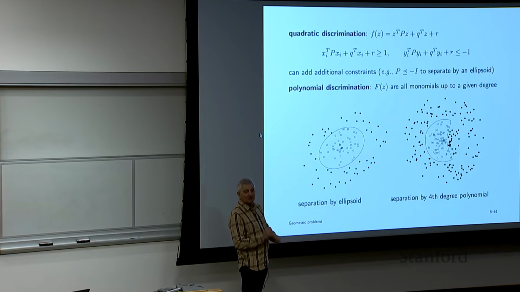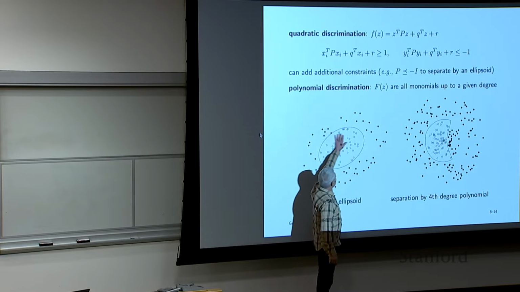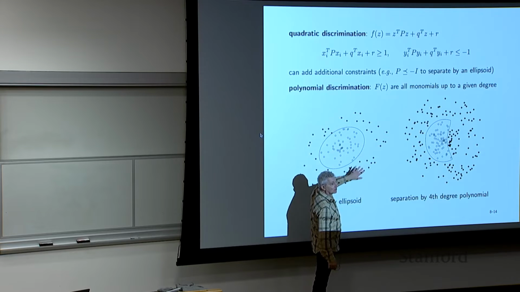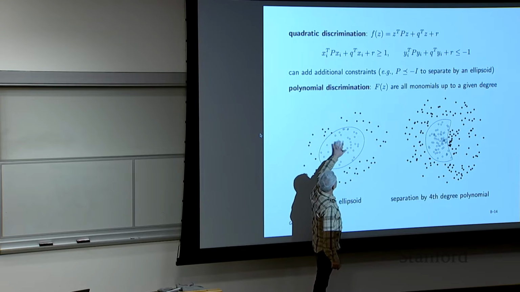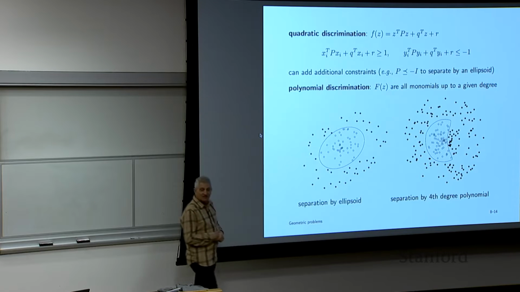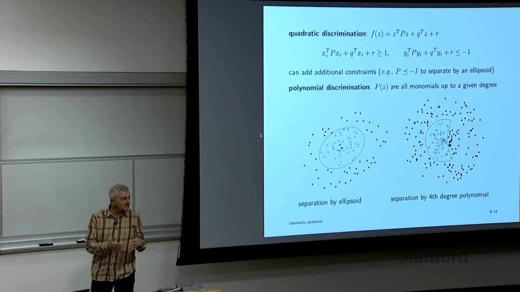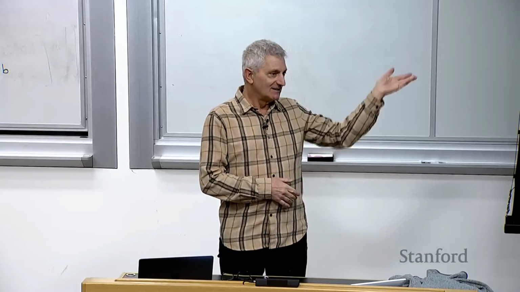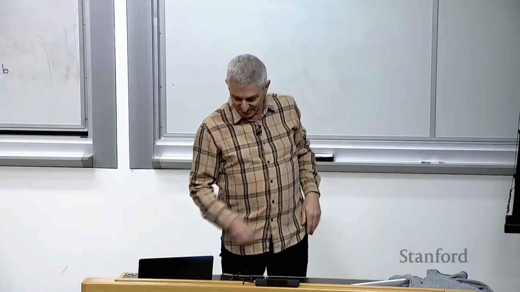You set your knobs various ways, and you run the process, and you get a bunch of data that looks like this. These are the ones that came out up to spec. This is the one that failed, right? And so what this will do is give you an ellipsoid in the original space that tells you how you want to set those values, you know, an ellipsoidal safe set or something like that.